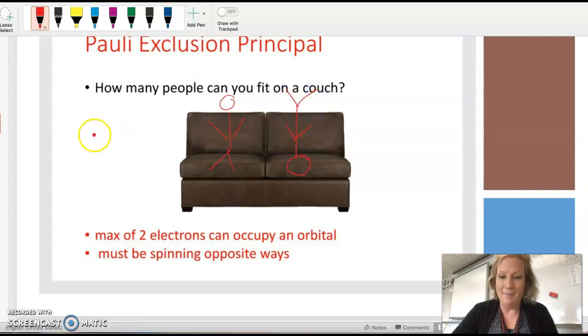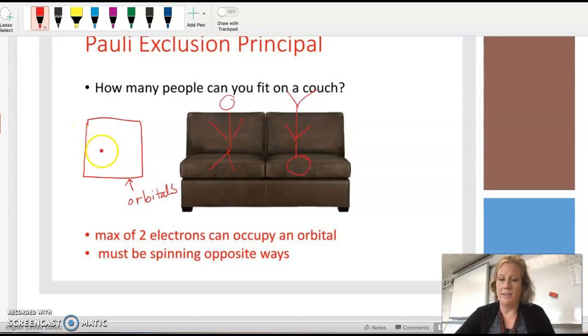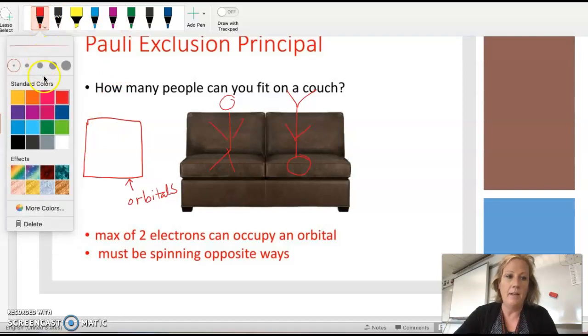So what does that really mean? I know it seems silly. The couch is the orbital, and on paper, we use a box to show an orbital, which is the actual region in space where we're likely to find the electron. And then we show the electrons.